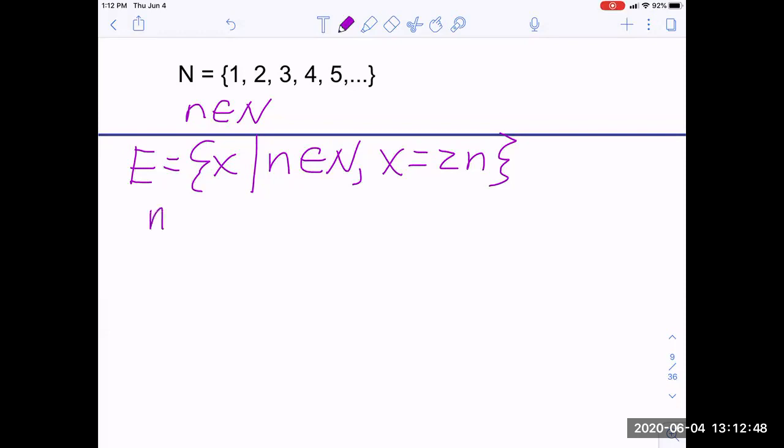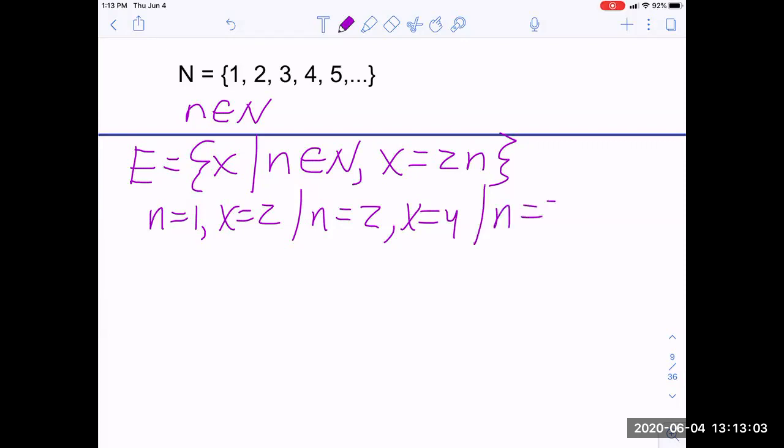So when n is 1, X is 2. It's 2 times n. When n is 2, X is 4. When n is 3, X is 6. So I'm generating the natural numbers that are even.